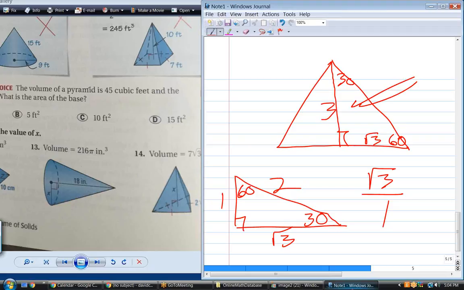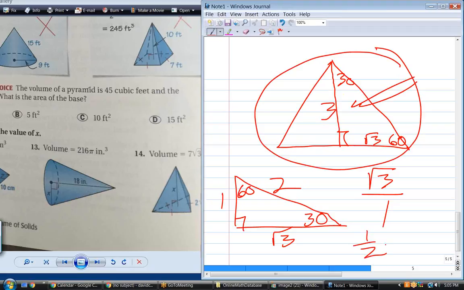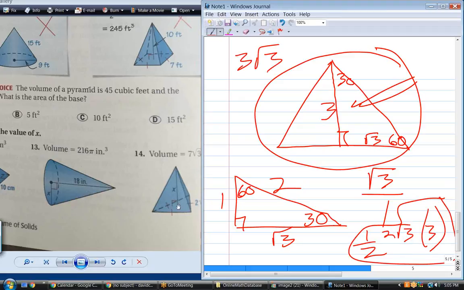All right. So now we can figure out the area of that triangle. It's 1/2 the base. Well, the base was 2 root 3 times the height, which is 3. 3 root 3 is the area of that triangle, of that base.